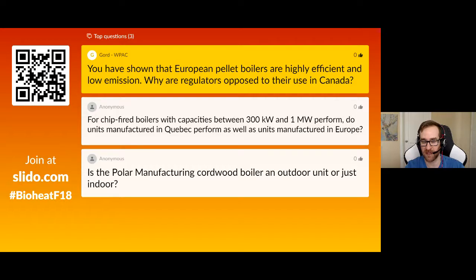There's some jurisdictions, like PEI, that have done a lot of work to access those, because we don't really have a large manufacturing base to produce these units here yet. Until then, it would probably make a lot of sense to consider using the equipment that already works in Europe and try to make this work.